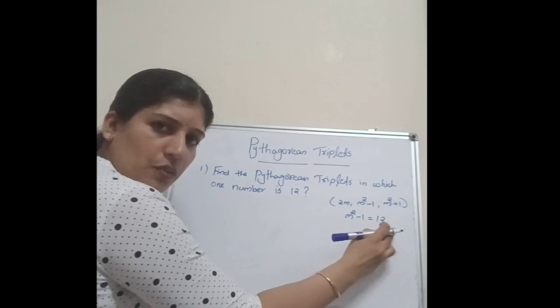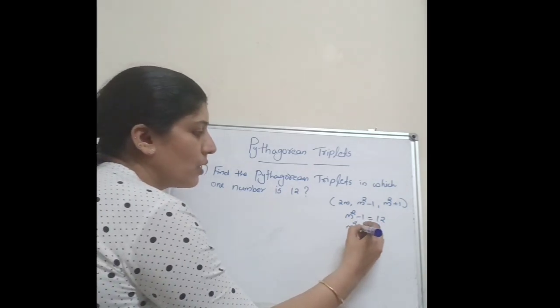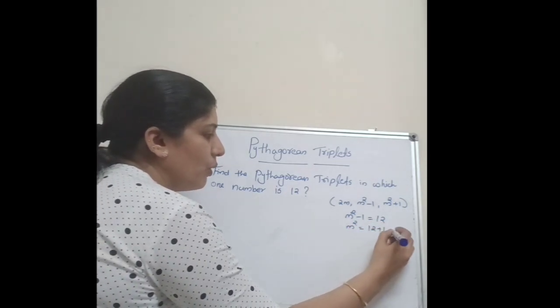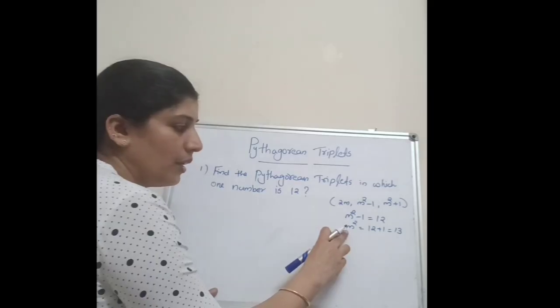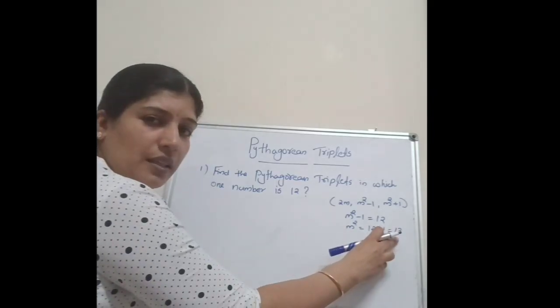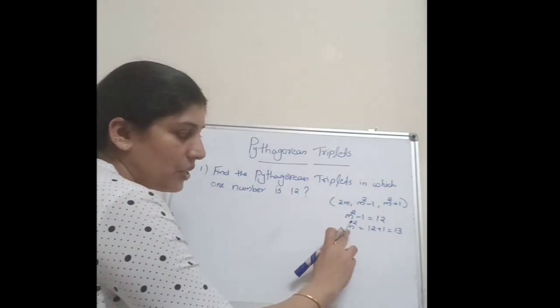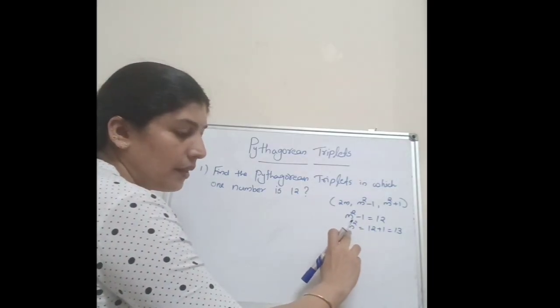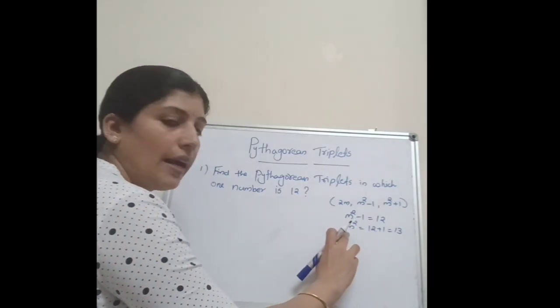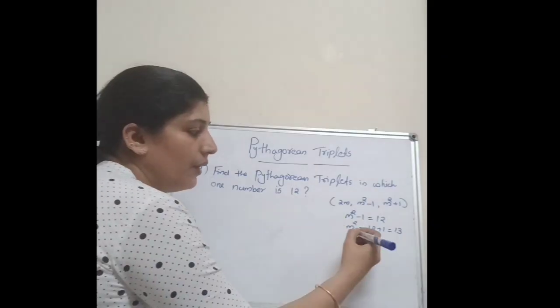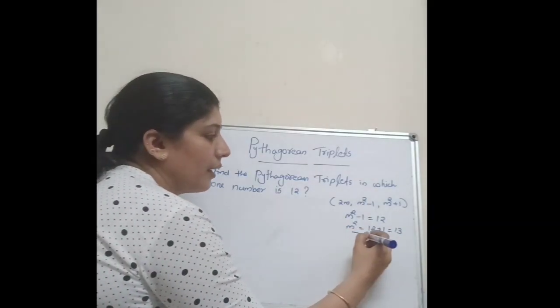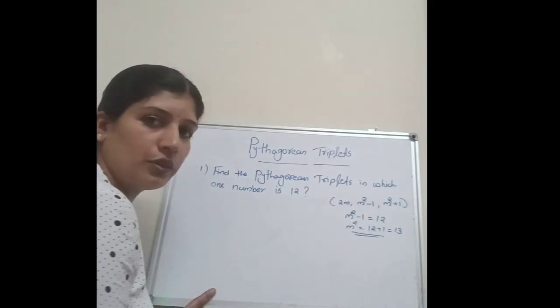If m square minus 1 equal to 12, therefore m square is equal to 12 plus 1 equal to 13. Here m square is equal to 13, which is not a perfect square, therefore we do not get a perfect value of m. That's why we do not take m square minus 1 equal to 12.